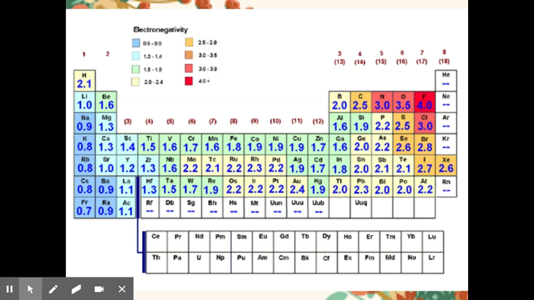Here's a chart, and we've looked at this before, but the blue numbers here show the electronegativities of all the different elements. If you look at the red one, fluorine, 4 is the highest. We've got some that are in that blue area that are very low numbers. We're going to use this electronegativity chart to determine what type of bond two atoms are going to form.